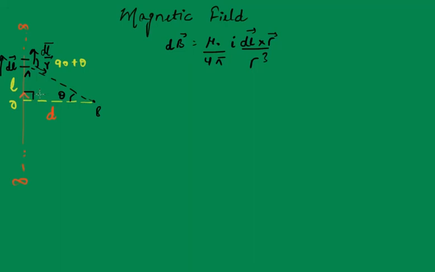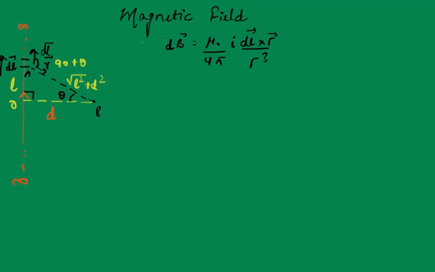That's how we typically take any element in physics. Whenever we have to take a small element, we usually take a distance x or l from a reference point, and then at that point we take a small element, right? So if this is l and this is d in this triangle, what is r here? r will be under root l square plus d square, right?